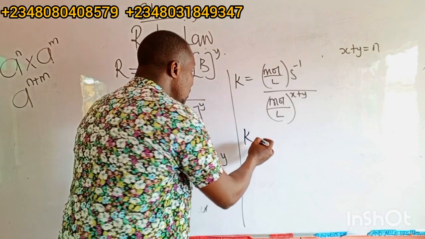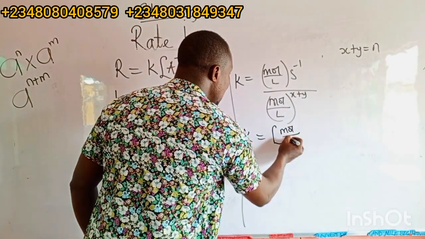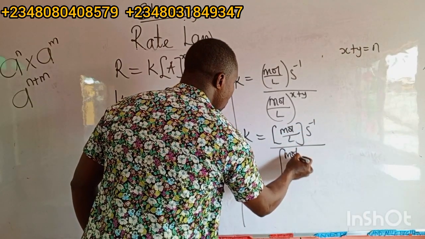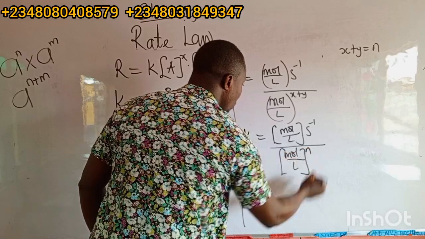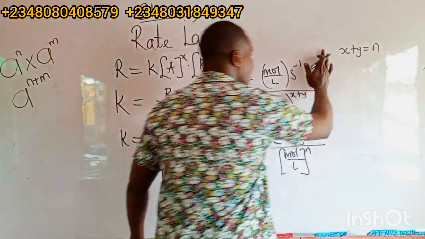So K is equal to mole per liter per second over mole per liter raised to power n. Don't forget, from here you can solve your mathematics.